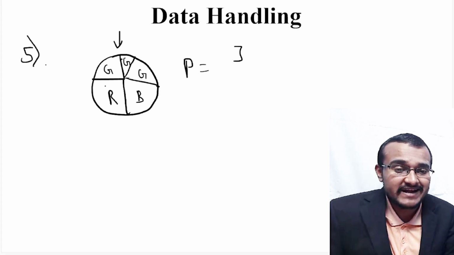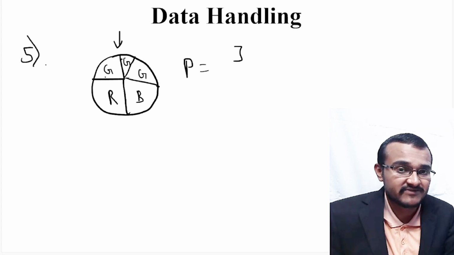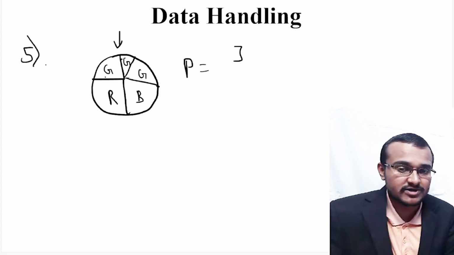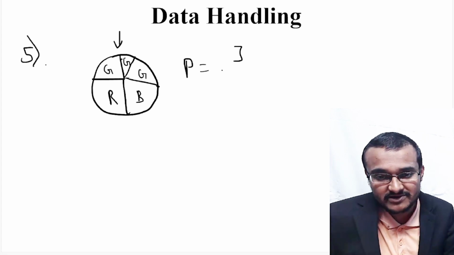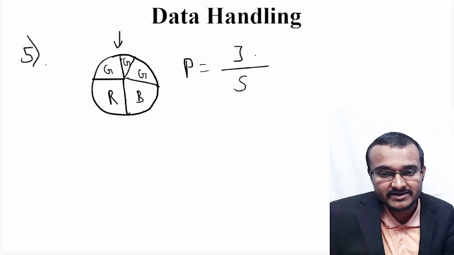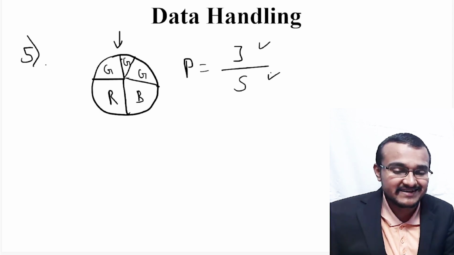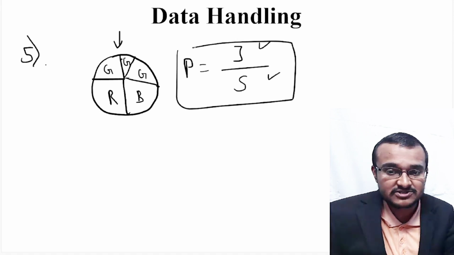There are total 5 divisions, so 5 different outcomes are possible. So total outcomes is 5 and you want only green as your outcome. That is the expected outcome, which will be in the numerator, and total outcomes will be in the denominator. So 3 by 5 will be the probability of getting a green sector. This is the answer for the first question.